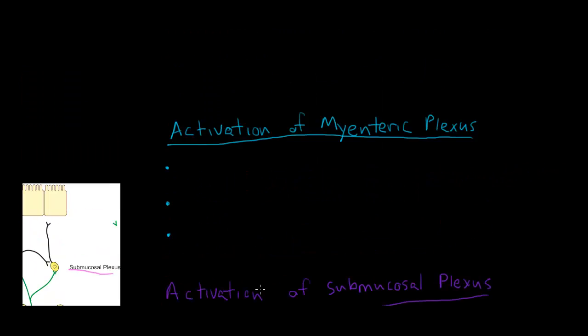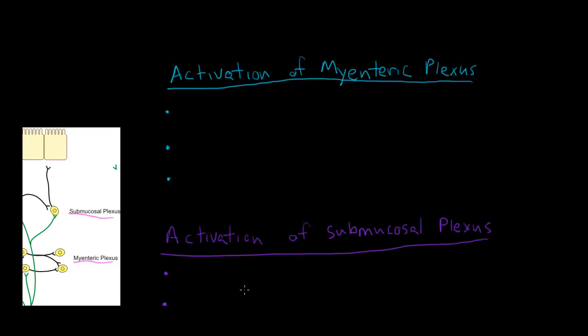So let's talk about the activation of the myenteric plexus. Remember, in general, activation is caused by the parasympathetic nerves.